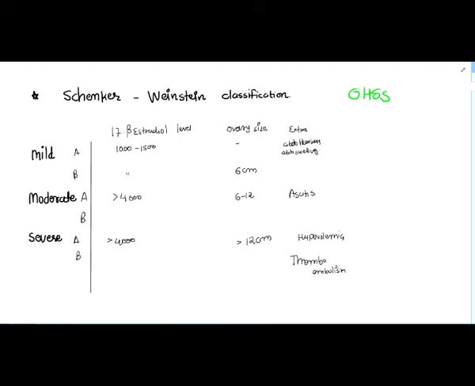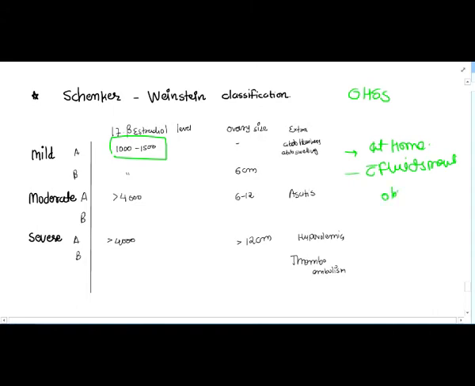If you measure the estradiol levels, they will be 1000 to 1500. In mild OHSS, the management is at home with proper fluids and observation by family members.